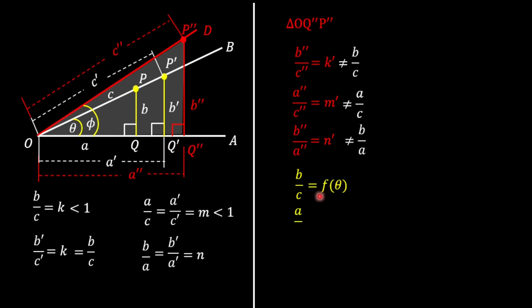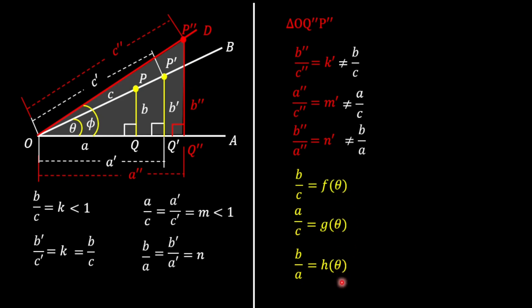Similarly, the ratio of the base to the hypotenuse is also a function of theta, and I represent that function with g. And lastly, I represent the ratio b by a, that is the ratio of perpendicular to the base, equals h of theta, that is all the three ratios are functions of theta.